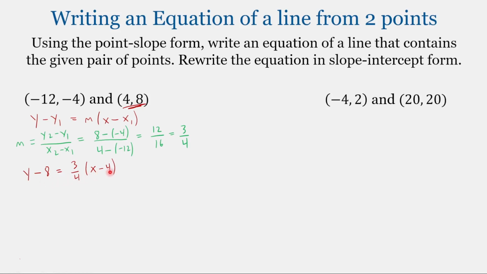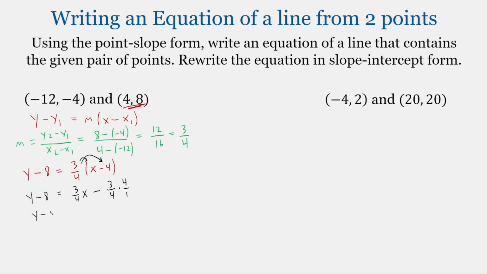So here is an equation in point-slope form. Now let's convert this to slope-intercept. We'll start by distributing this 3/4. So we have y minus 8 equal to 3/4 x minus, and then we have 3/4 times 4 over 1.